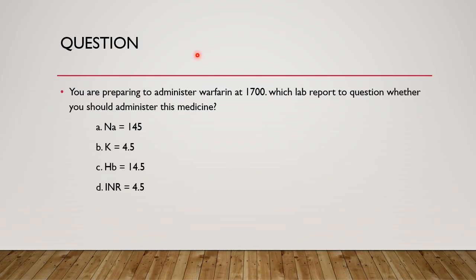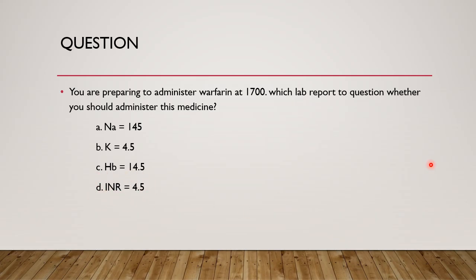During the examination, this type of question is also asked. You are preparing to administer warfarin at 17. Which lab report makes you question whether you should administer this medicine or not? Sodium, potassium, hemoglobin, or iron? Warfarin is used as an anticoagulant. That means you need to look at the INR value.